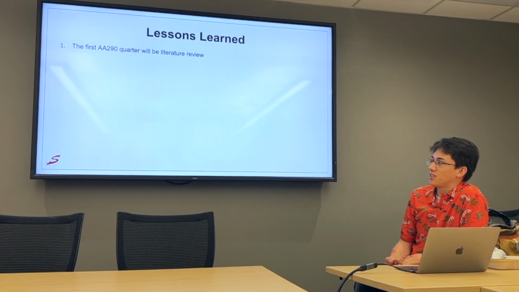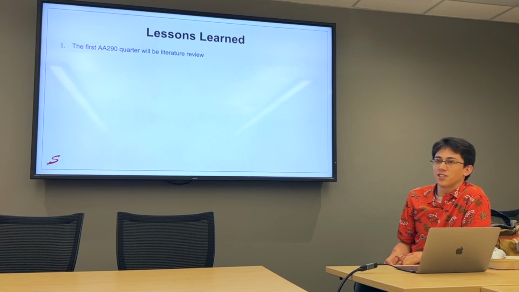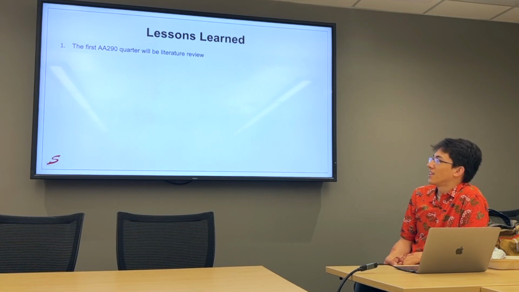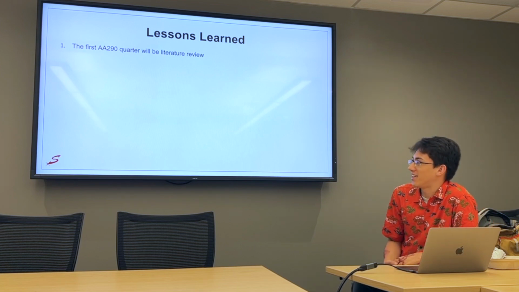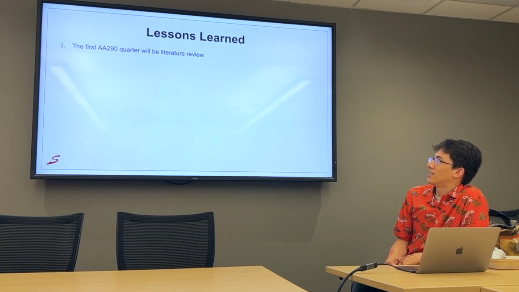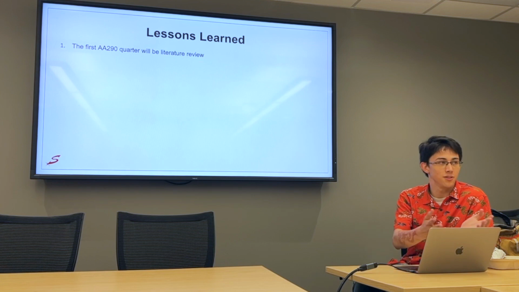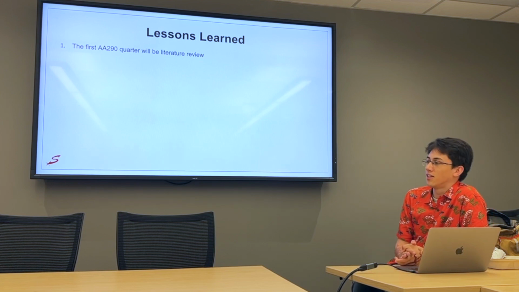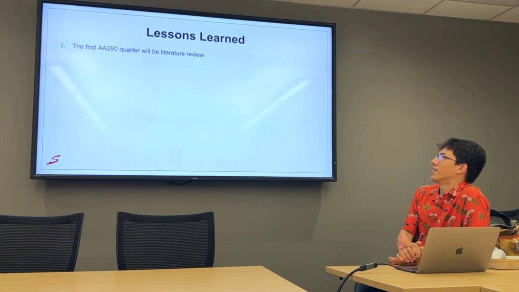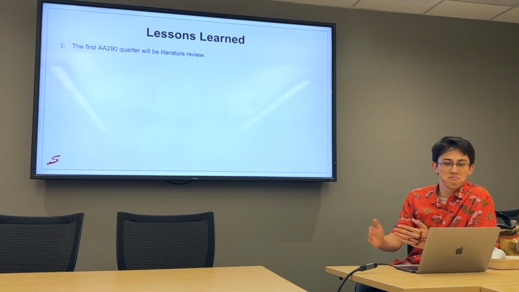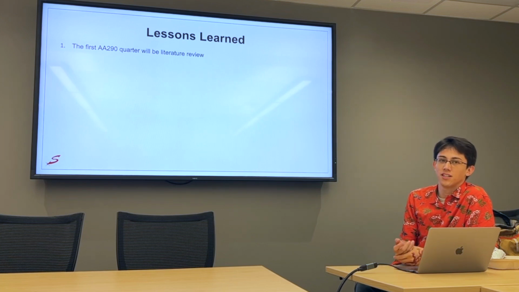I took CS231A last year, my first year here, and I went straight into this computer vision project, and I did not really know what I was doing for the most part. After talking to many of you in the lab, I think most of you agree that the first quarter was just getting familiar with the material.